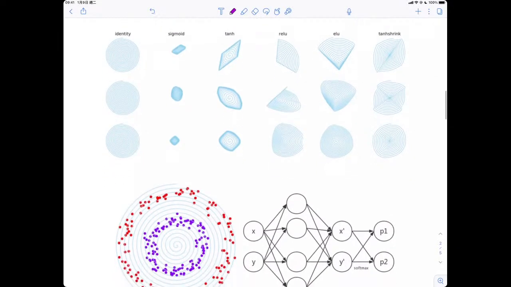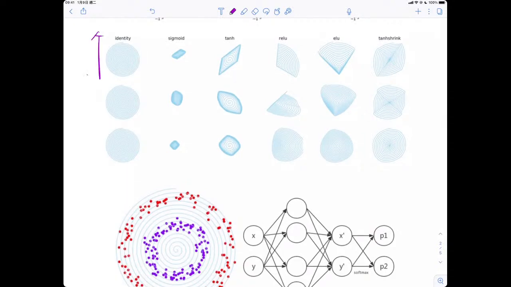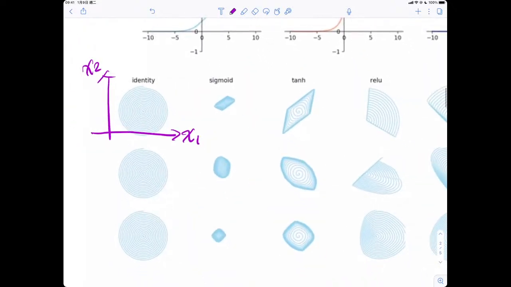So let's take some time to go through this example. If we have some data like this, x1 and x2, you simply put some random points in your original space. Let's assume it is a circle like this.